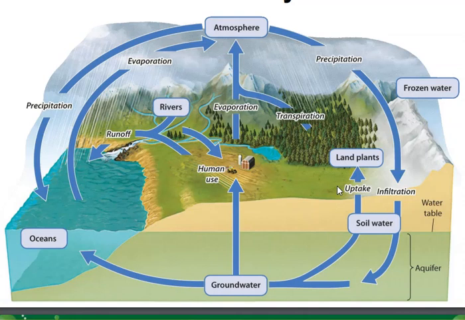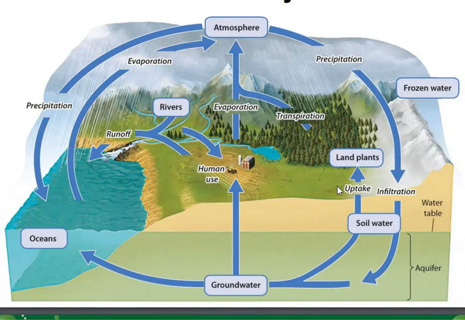Okay, and I think just a couple more terms here. We've got groundwater. Groundwater is really important. Some precipitation and surface water gets soaked down through the soil and rock to recharge those underground reservoirs or storage areas of water known as aquifers.